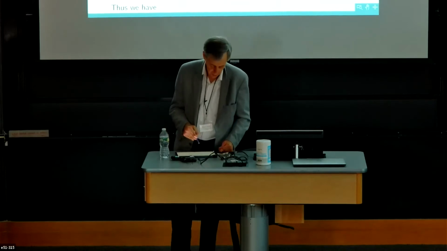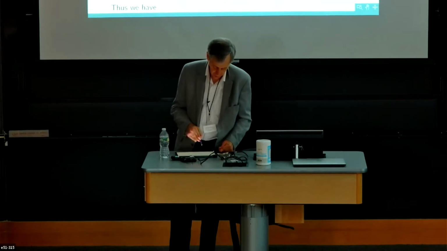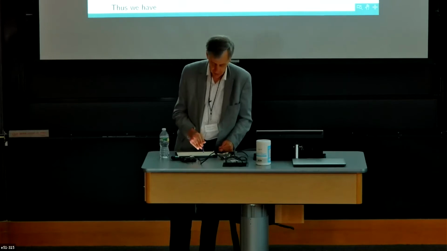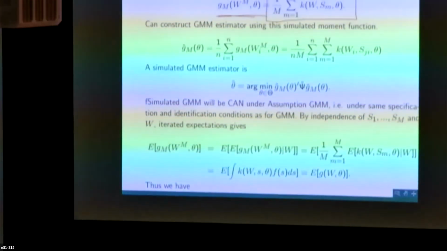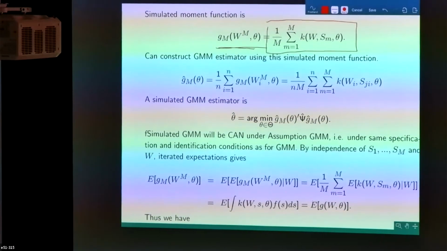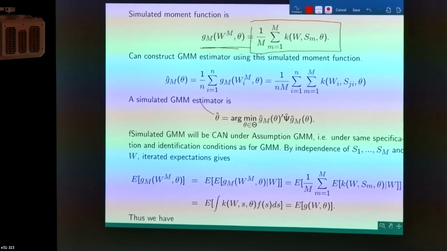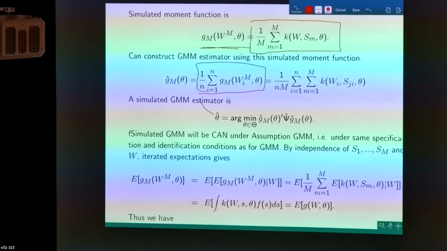The simulated GMM, method of simulated moments, is constructed by taking these simulated moment functions and averaging them over the augmented data. So you have your original data, and then you augment it with these simulation draws, and then you average the simulated moments over all the observations. That leads to a sample moment vector, which looks like that.